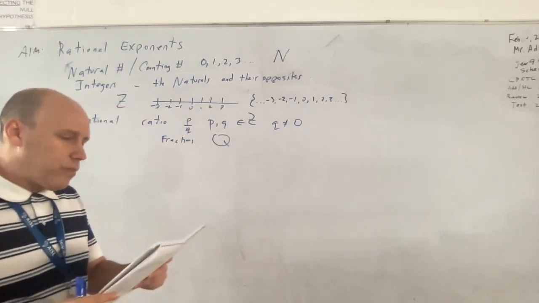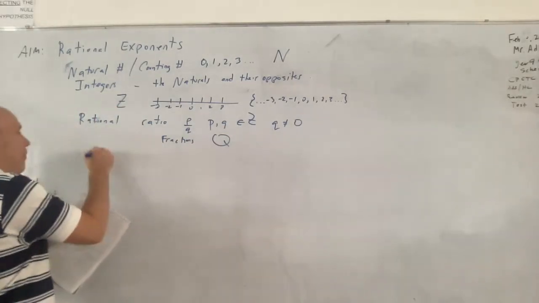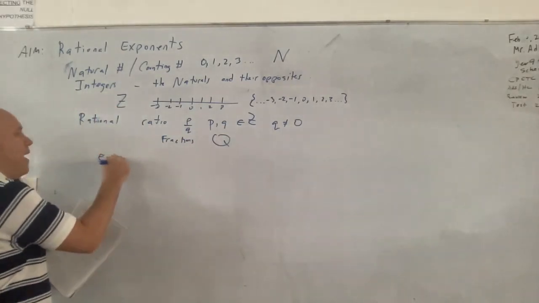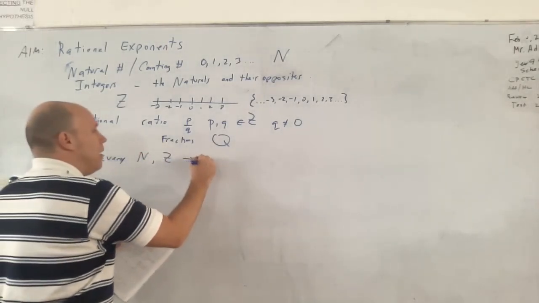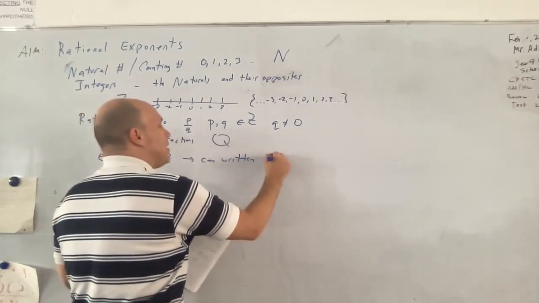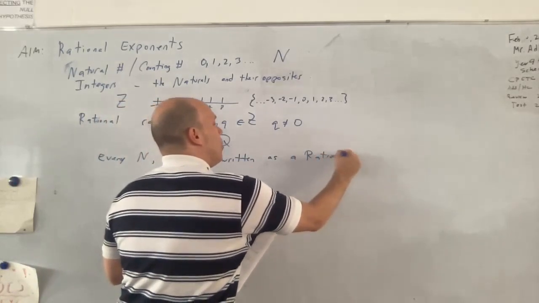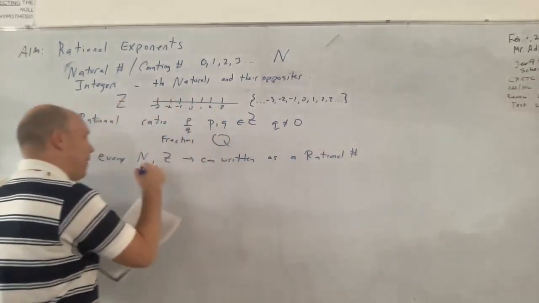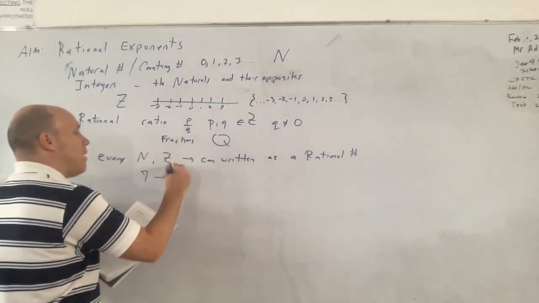First of all, every natural number and integer can be written as a rational number. For example, if I gave you the number 7, we could write that as 7 over 1.